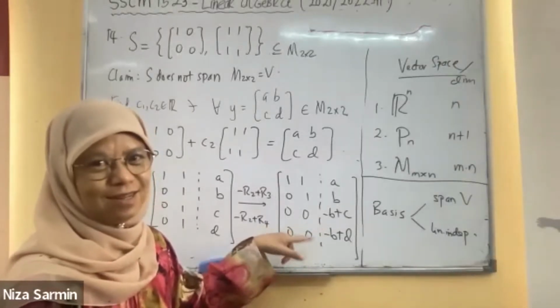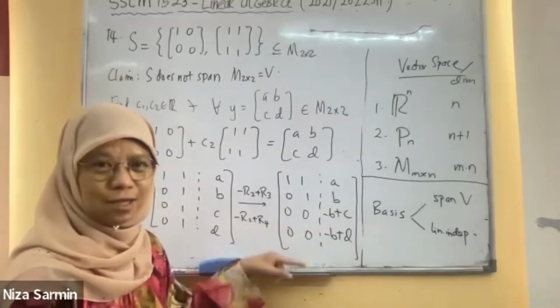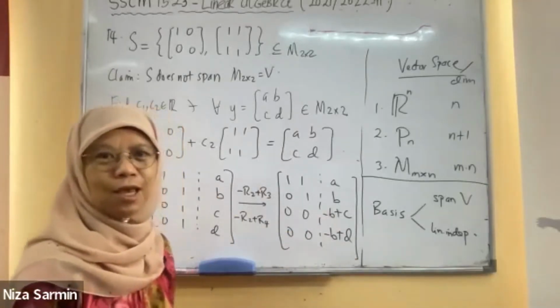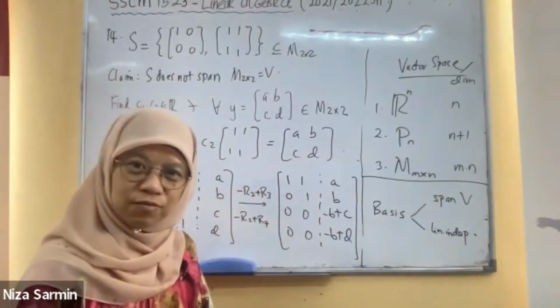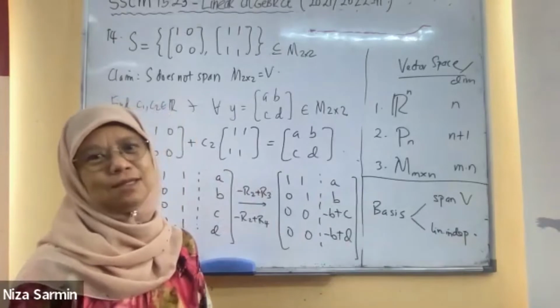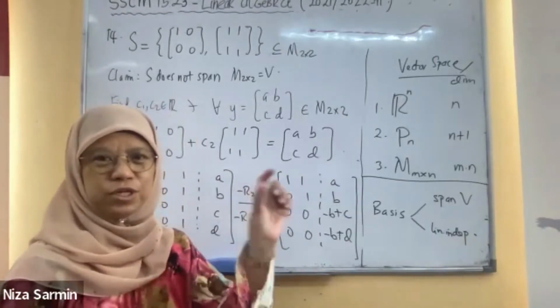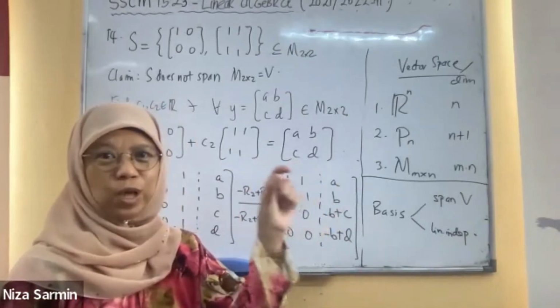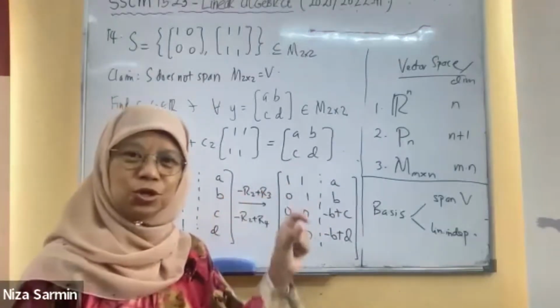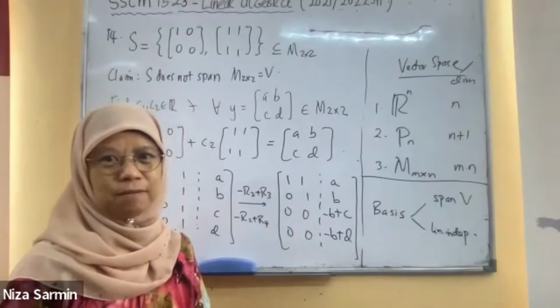Then when you are here, inconsistent, right? The system is inconsistent. C1, C2 do not exist. S does not span V, S is not a basis. Okay, if the question asks you to decide whether it is a basis or not, when you say S is not a basis, there is a mark.